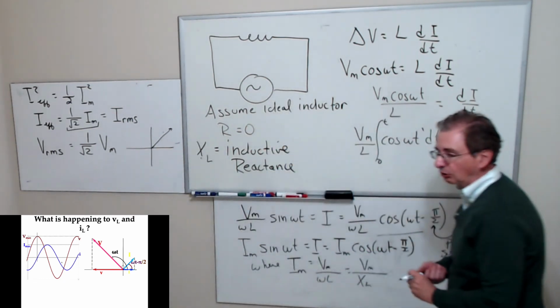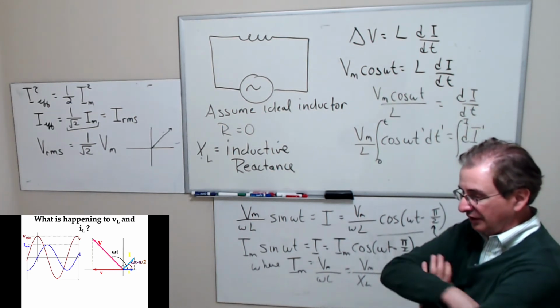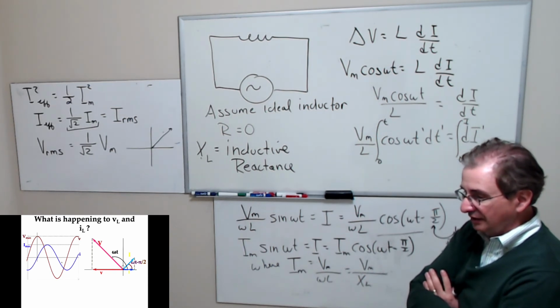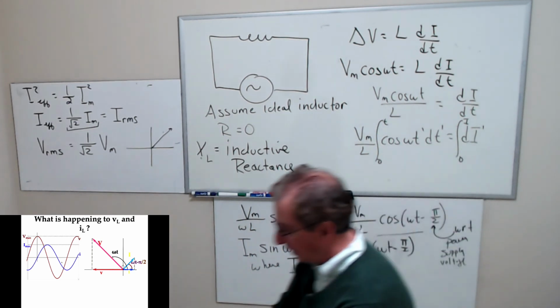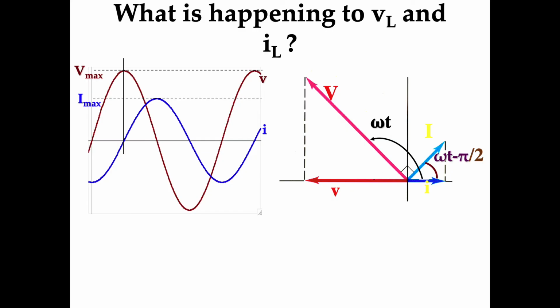Now let's take a look at the graph, the voltage and the current. You see that the voltage is ahead of the current by 90 degrees. The voltage leads the current by 90 degrees.